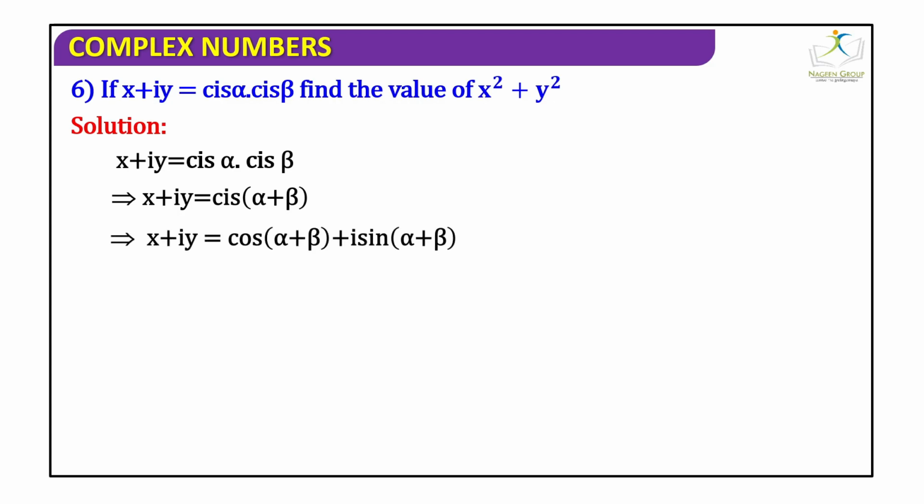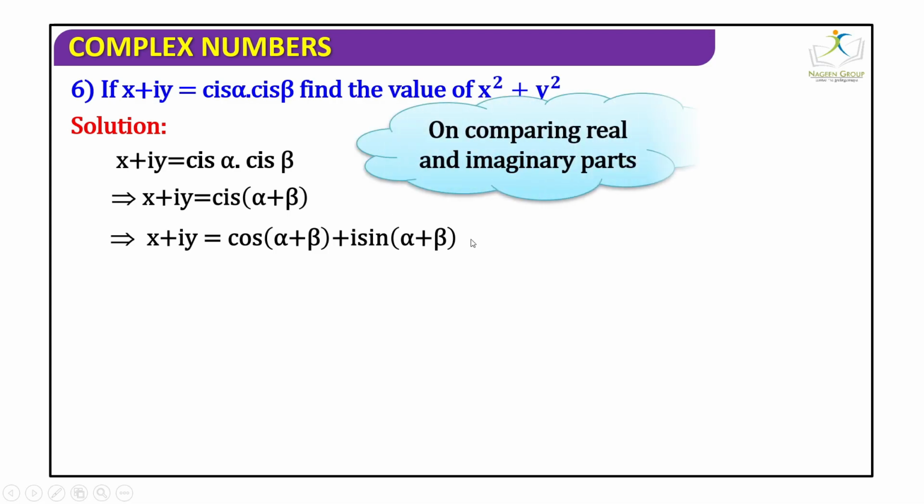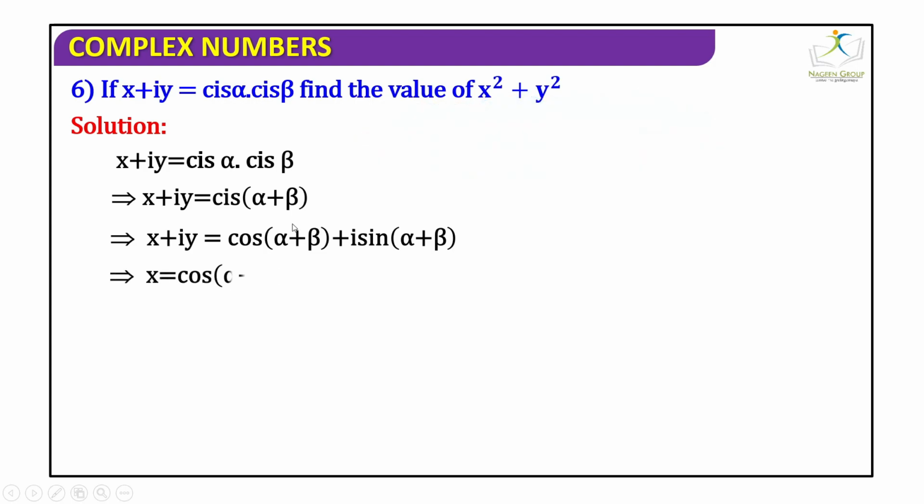Now x plus iota y will be equal to, this alpha plus beta means cos of alpha plus beta plus iota sin of alpha plus beta, right? Now on comparing real and imaginary parts, the value of x, the one without iota, is cos of alpha plus beta, and for y we have sin of alpha plus beta.